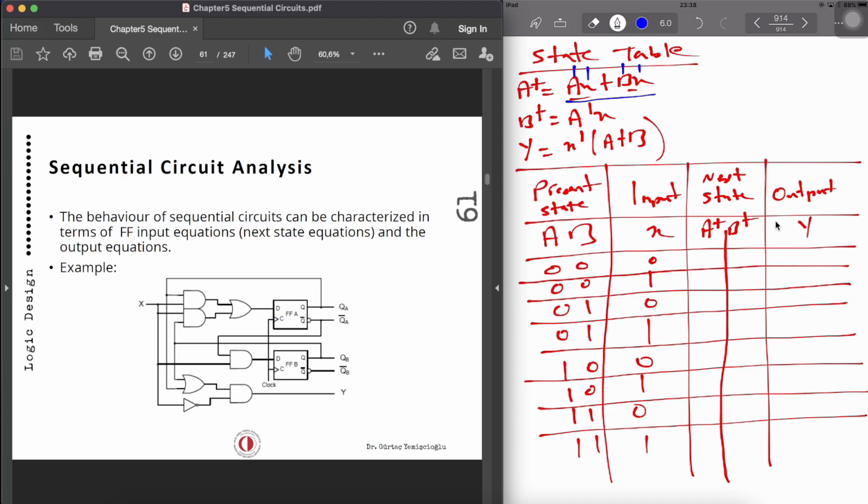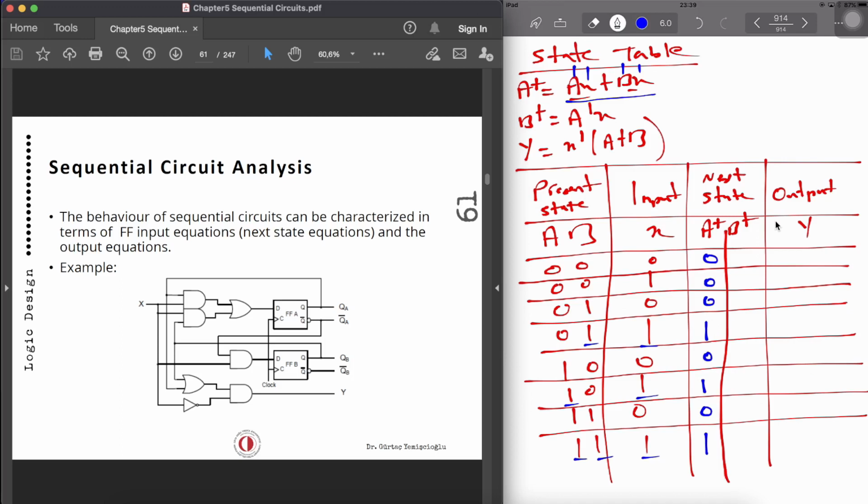So at these 2 points A is 1, and when B is 1 and X is 1, in the last one. The other ones are all zeros based on this equation.